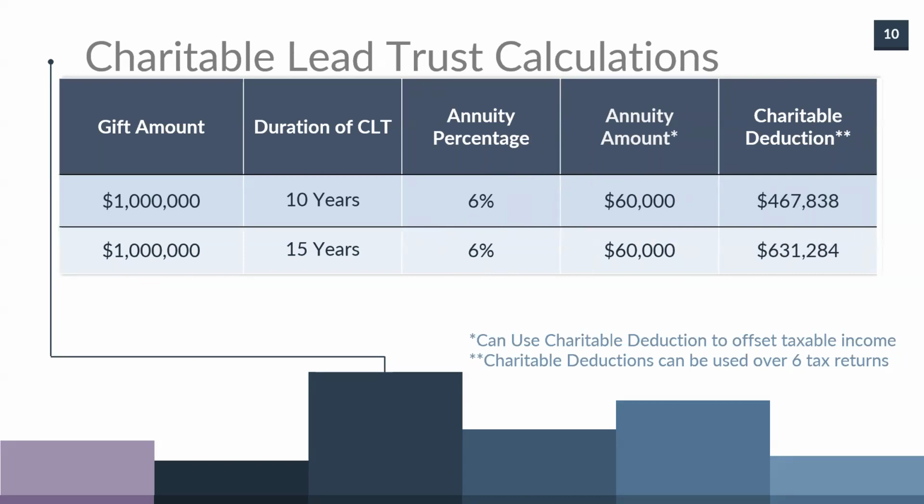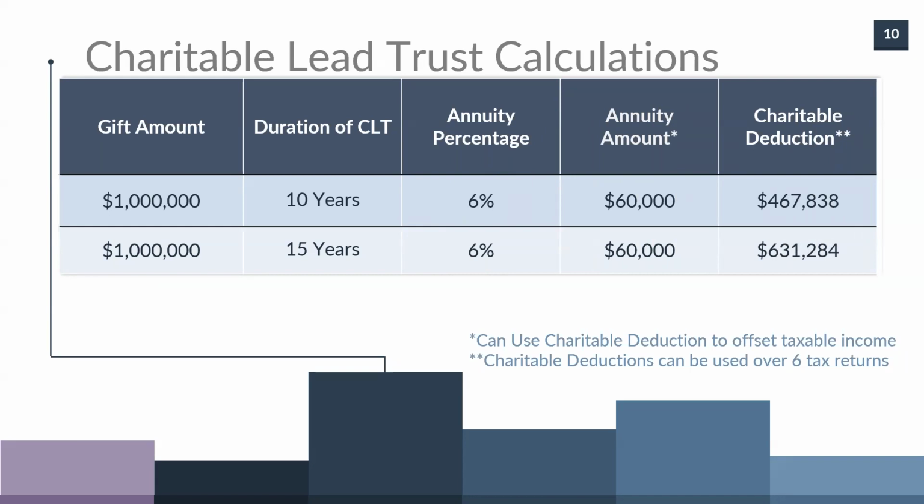So if we have a 10-year, 6% annuity, $1 million of principal goes in, we've got $60,000 a year being paid out to charity, and our client will get a $467,838 tax deduction that they can use now and for 5 rollover years until that charitable deduction is used up.